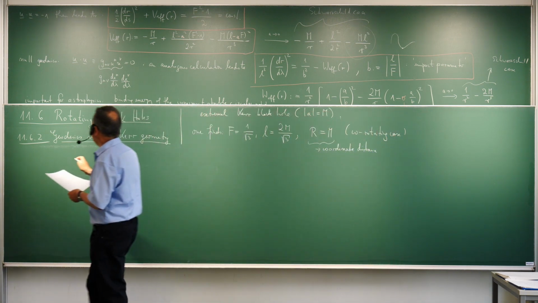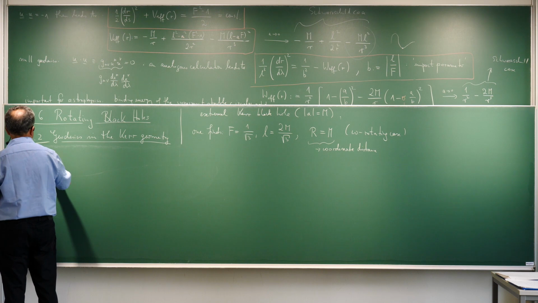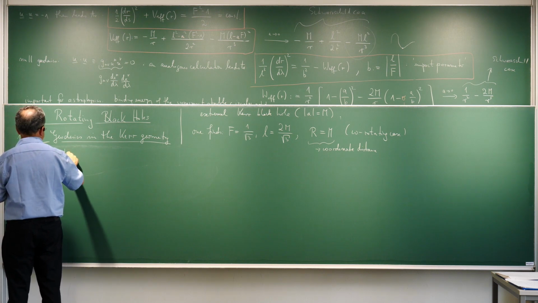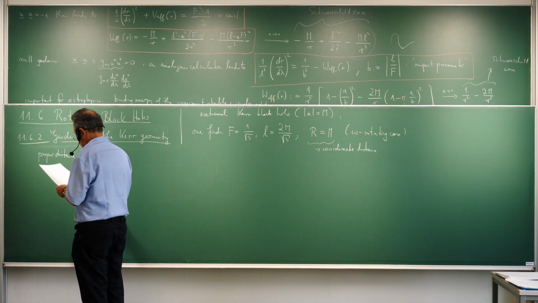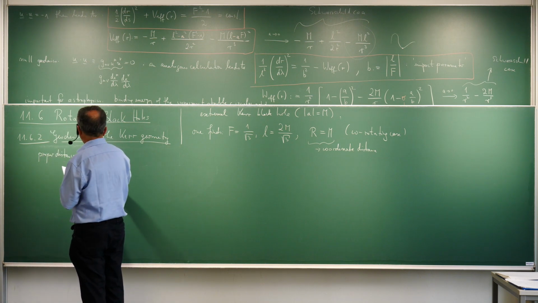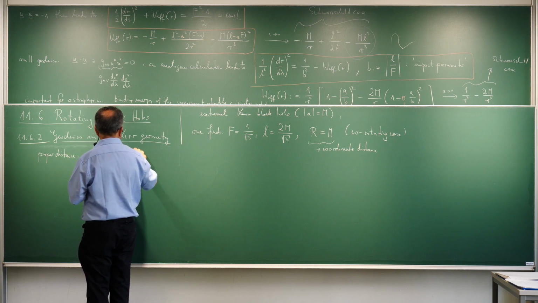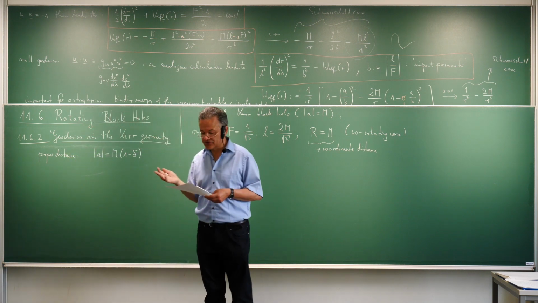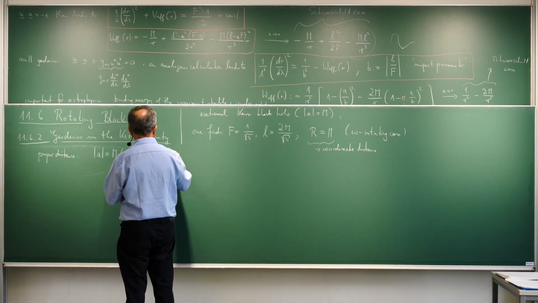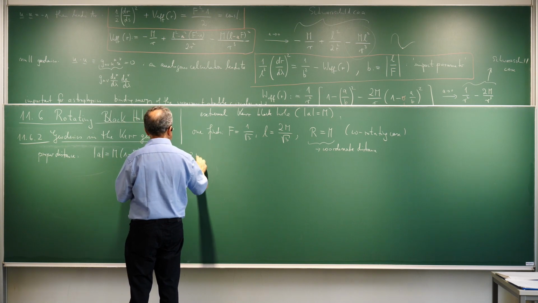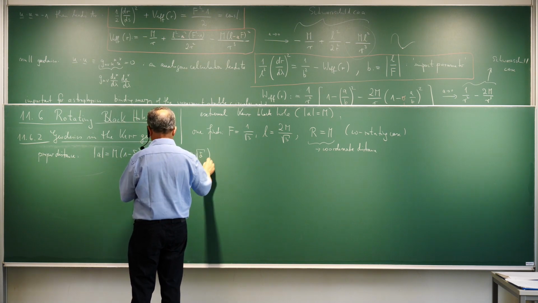So let me write here the proper distance. For the sake of doing the calculation, if we write that A is M times 1 minus delta, so it's a little bit non-extremal, then what you get is that R is M times 1 plus 2 square root of delta.